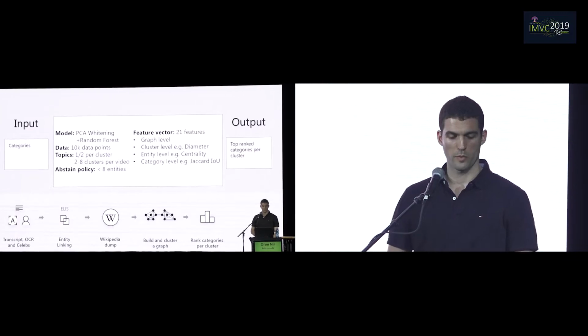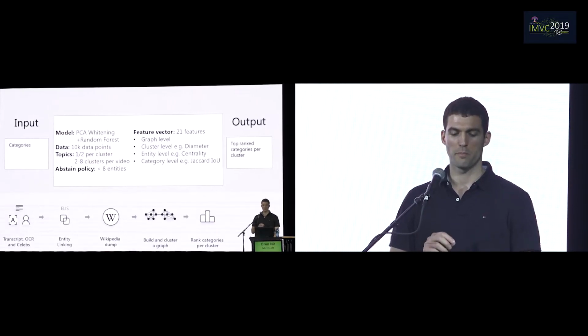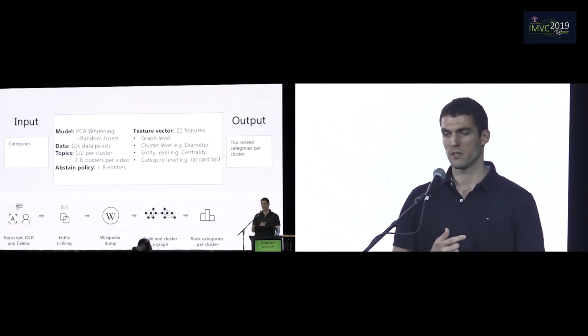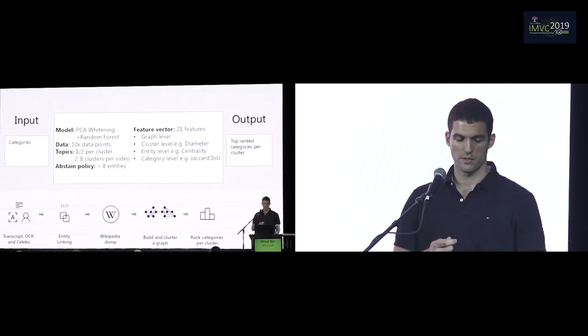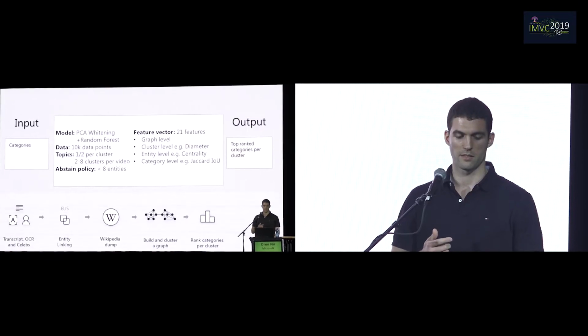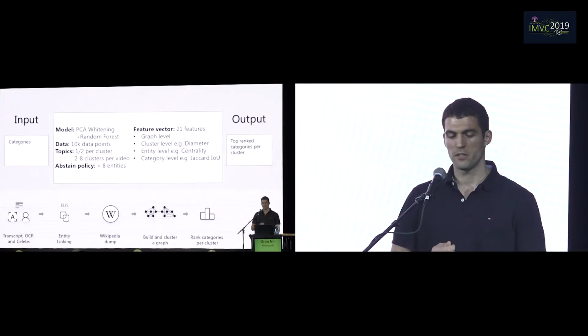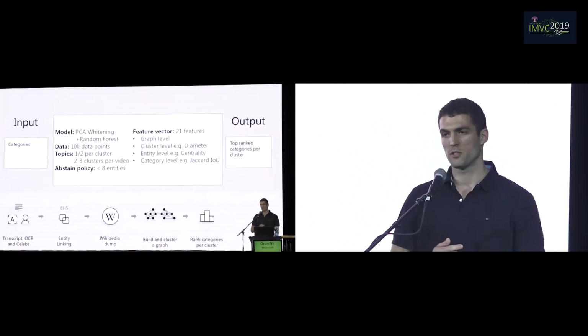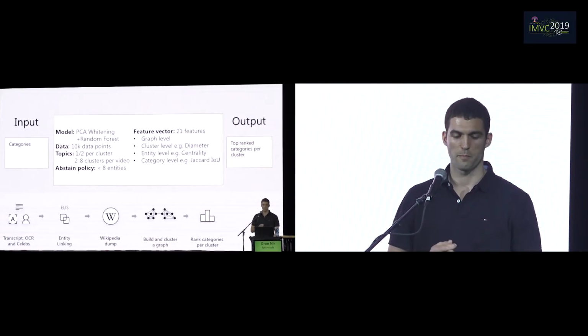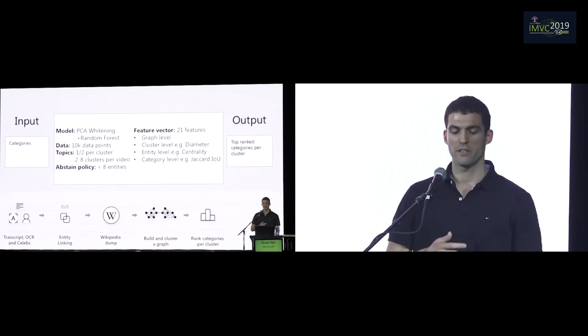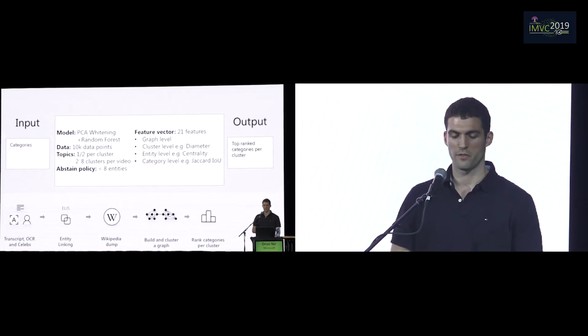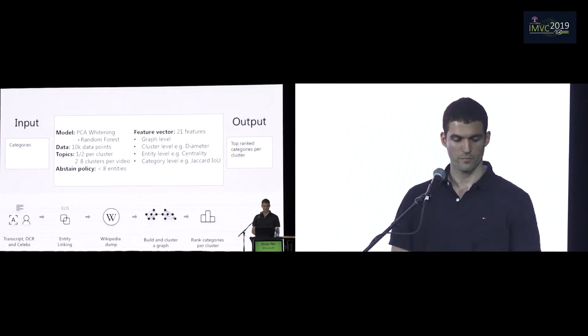Later, we applied PCA whitening and random forests as part of a ranker in order to pick the best category per particular cluster, which describes the topic in the best sense, using features like the cluster diameter or the measures of centrality within the graph per particular entity, or even at the category level using different NLP features.